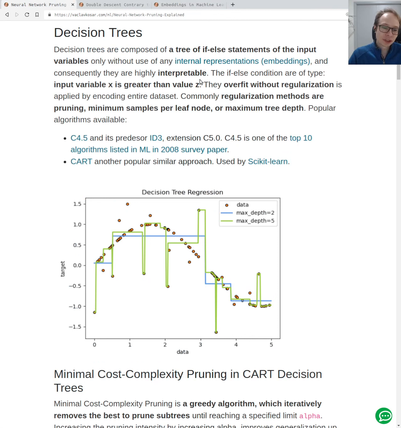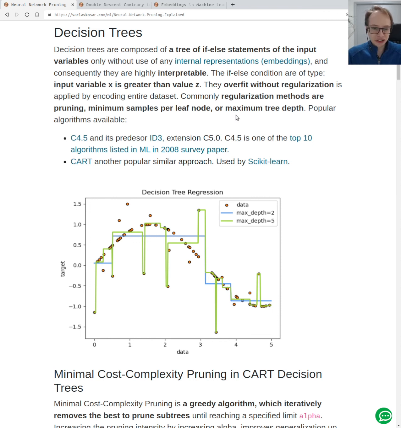But decision trees don't have any embeddings. They just have these if-else statements that split the input variables into some packets, basically creating intervals, and thus are highly interpretable. We can easily understand what's happening. It's not such a black box.